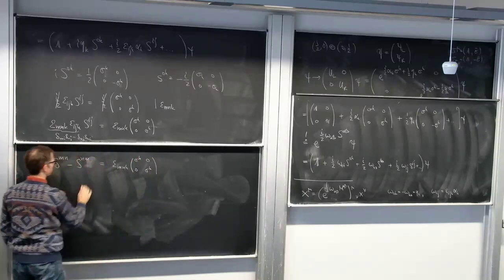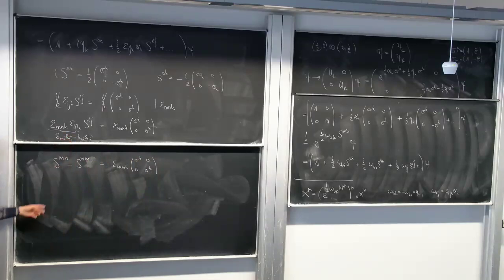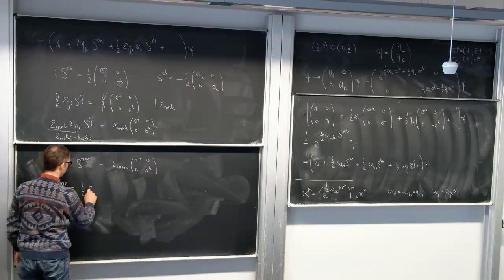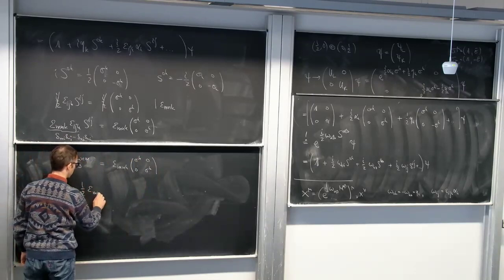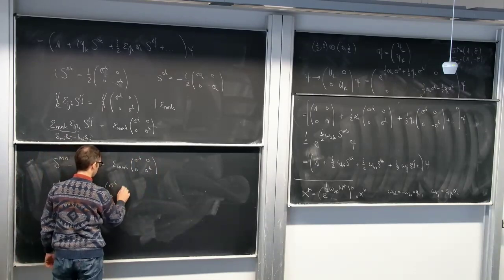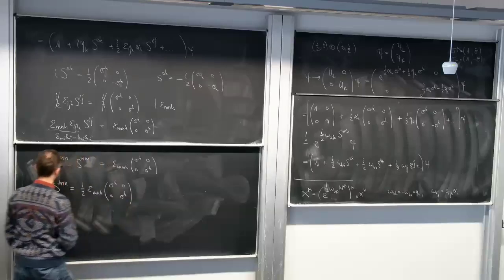Oh dear. And now this is antisymmetry, I have the same as I turn this over, add them, divide, so s mn is 1/2 epsilon mn k sigma k sigma k.